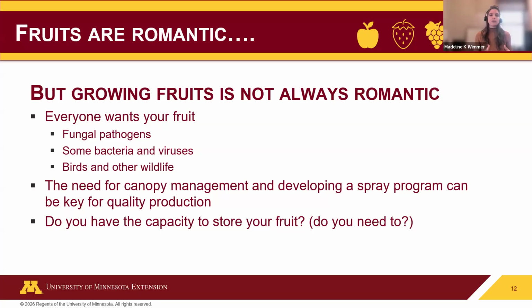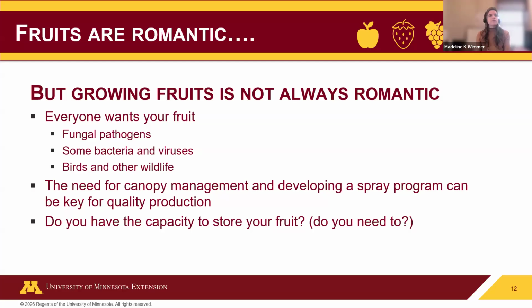So, for example, if you are not developing a spray program for apples, you might be dealing with apple scab, but there are other things you can do, like mowing leaves, to lower that chance of infection and also just setting up customer expectations, helping communicate when something might be a little bit blemished, but it's not necessarily harmful. Or maybe you're working with somebody to produce cider or some other value added product.